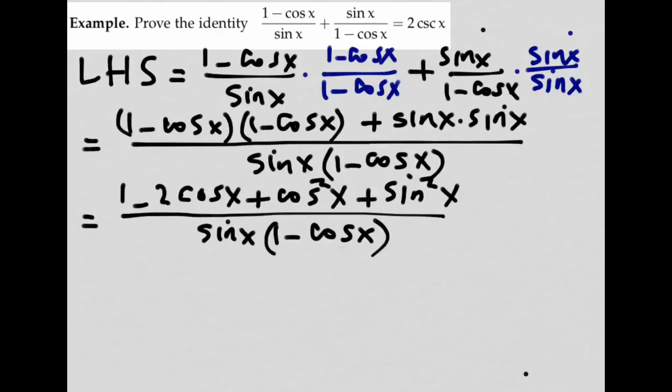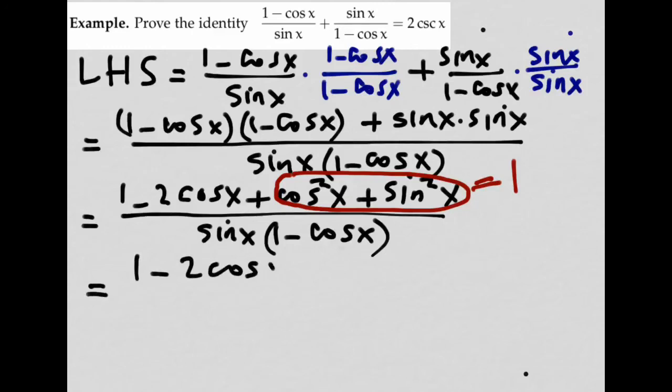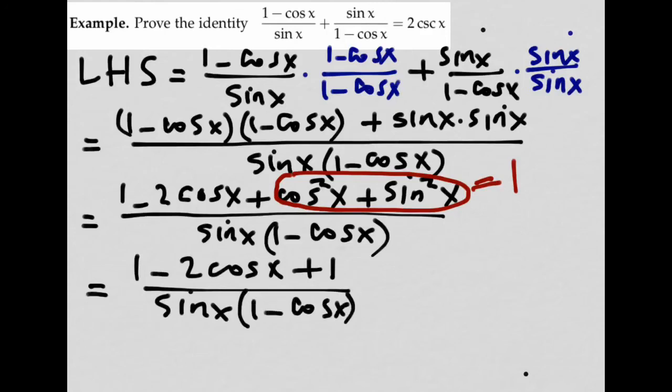But recall from the Pythagorean identities that cosine squared x plus sine squared x is simply 1. So I'll replace that with 1 to have 1 minus 2 cosine x plus 1 divided by sine x times (1 minus cosine x).